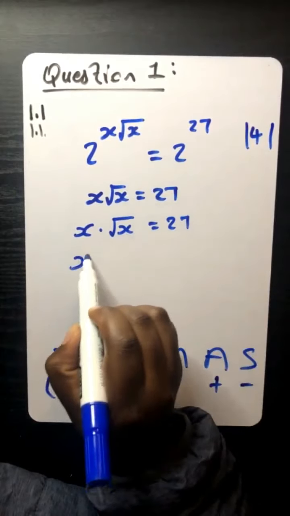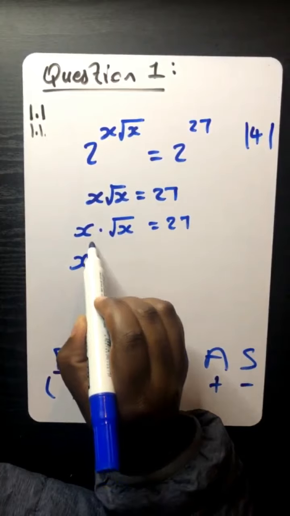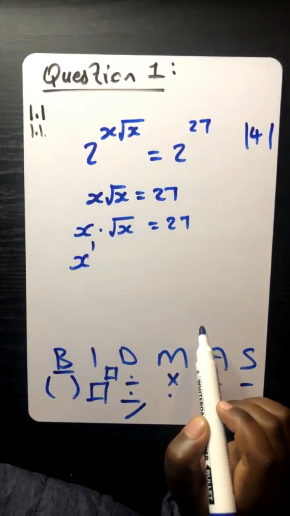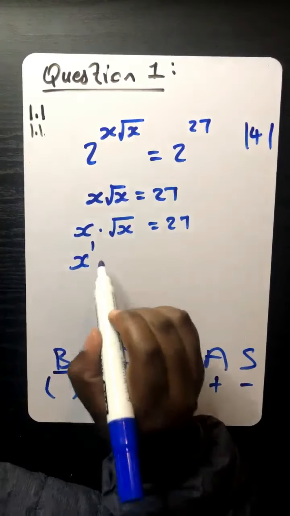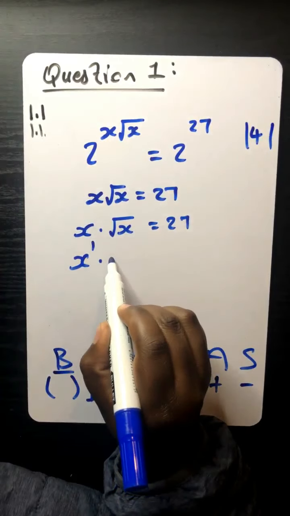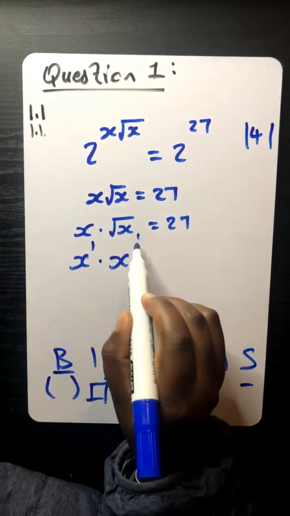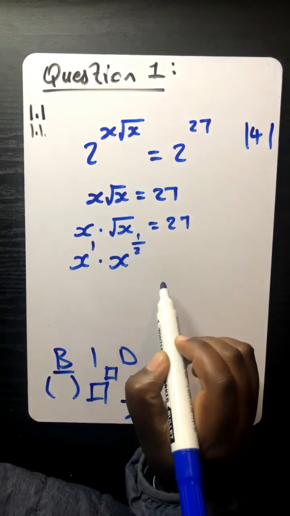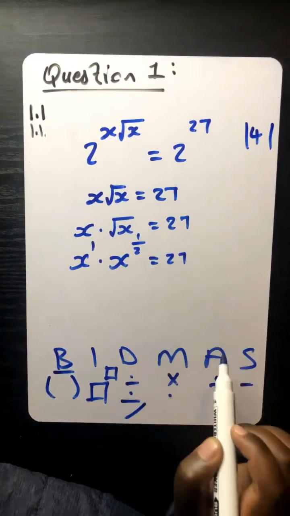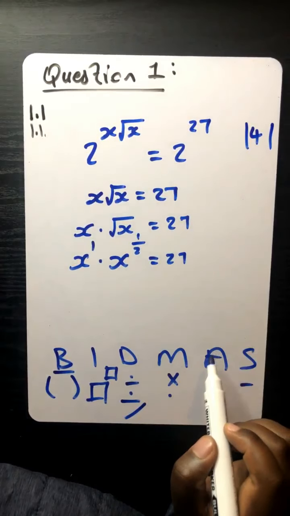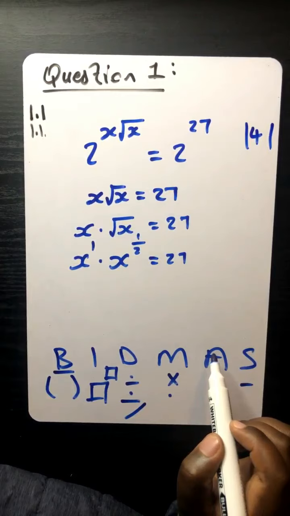So here you've got x. Remember, you have an invisible 1. Even if you don't write it, it's fine, but always remember you've got an invisible 1. So this is being multiplied by, remember, x to the exponent 1 over an invisible 2, being equal to 27. Good people, we are applying the rules of exponents.